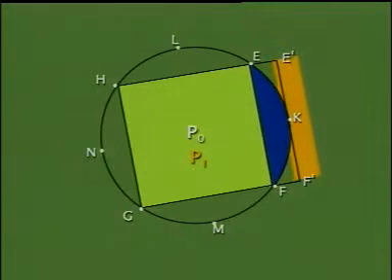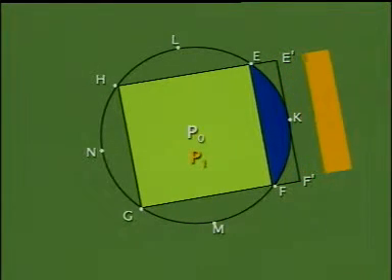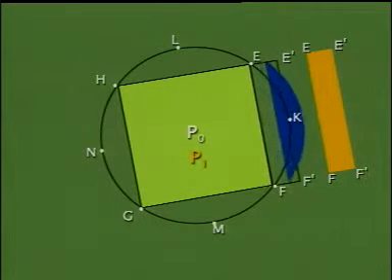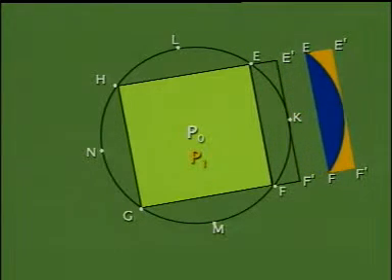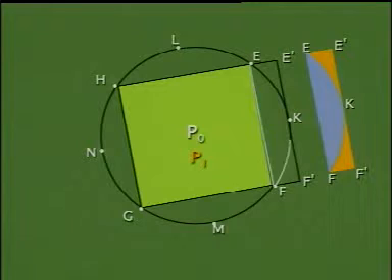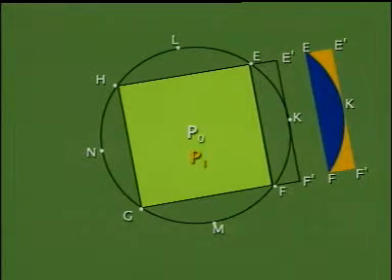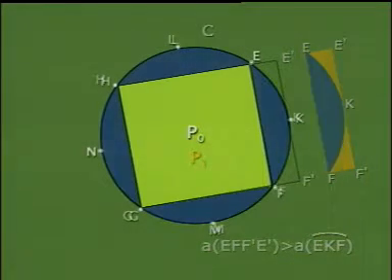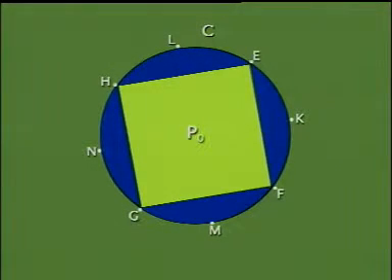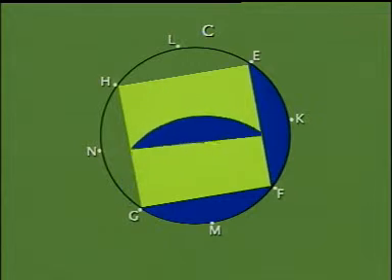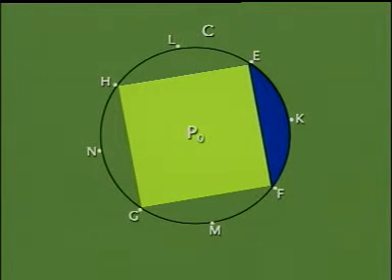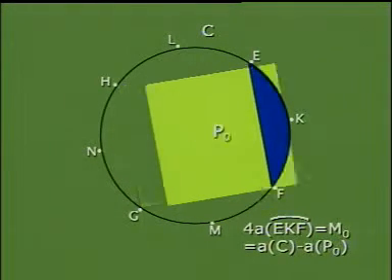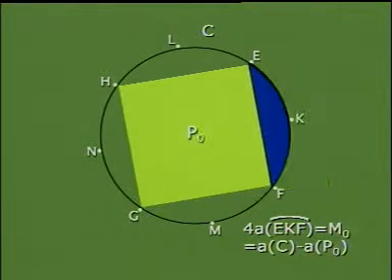Again, rectangle EFF'E' in turn is greater than the area of the circular segment cut off from the circle C by the side EF of the square P0. But as we may see, 4 times the area of circular segment EKF is the same as the area M0.